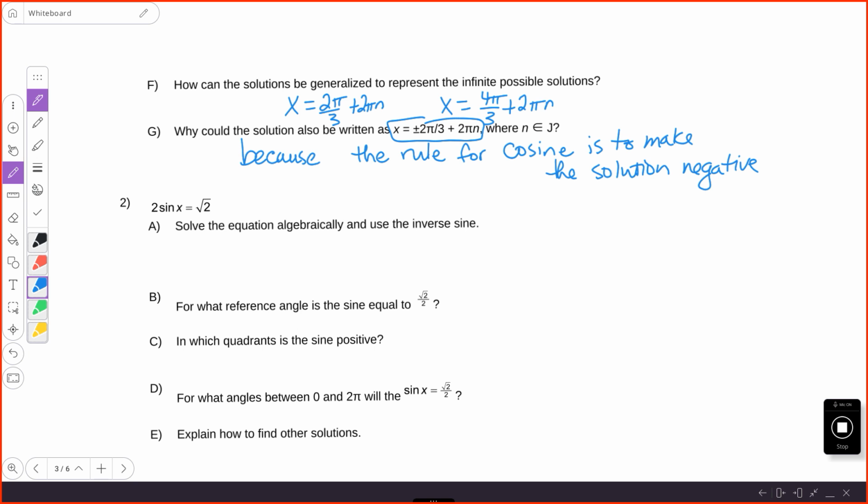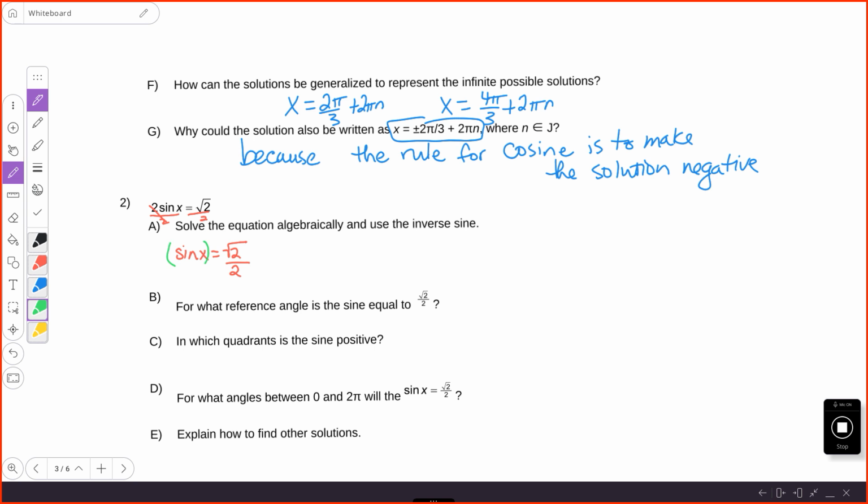So we're going to do a sine one now. We're going to solve it algebraically. That just means all the rules of algebra apply. I'm trying to get x by itself. So if this was my problem right here, what should I do to get x by itself first? Divide by 2. So now I have sine x equals square root 2 over 2. Still trying to get x by itself, and so I need to get rid of the word sine.